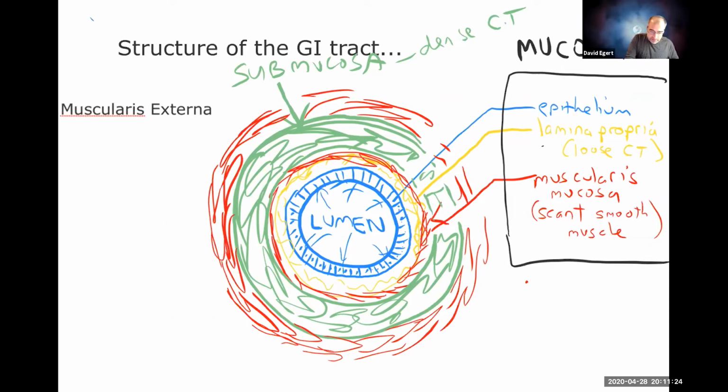The muscularis externa, and it has 2 layers. There's a circular layer, and then there's a longitudinal layer.